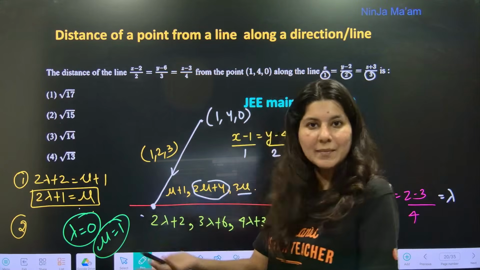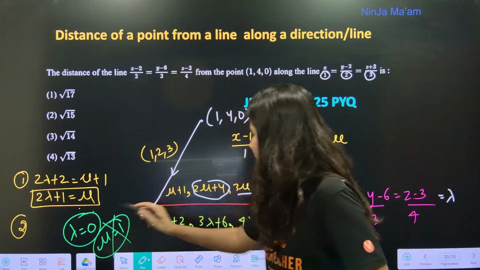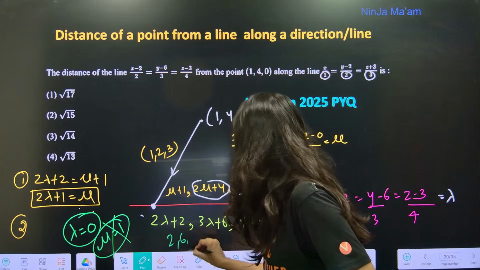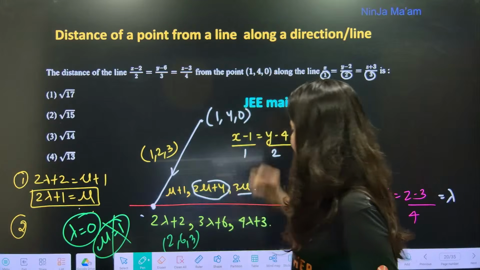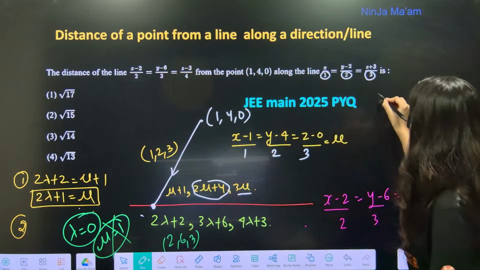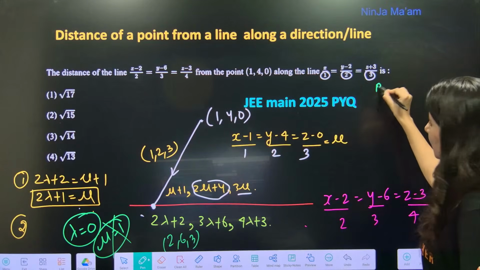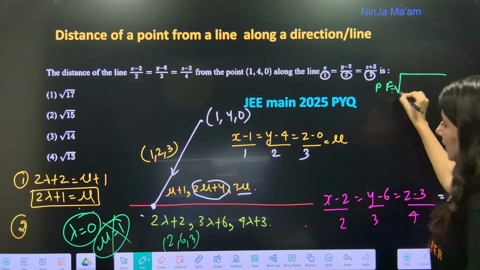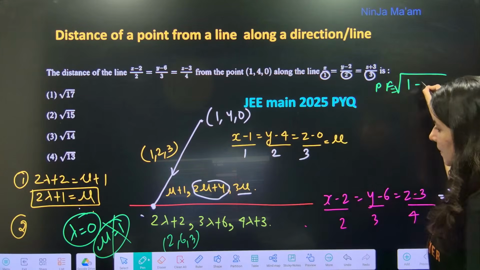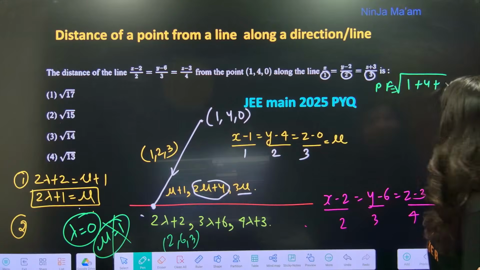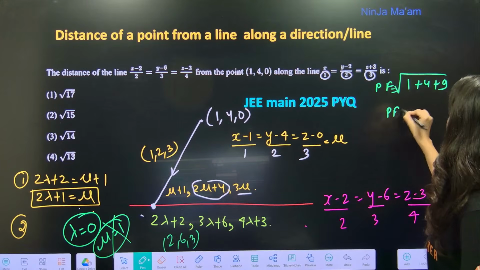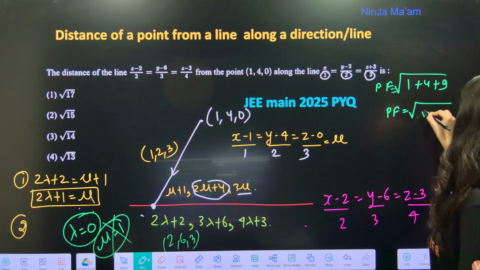So just lambda 0, no need to calculate mu. Put lambda 0. So 2, 6, 3 and 1, 4, 0. Just calculate the distance. So the distance PF will be 1 plus 4 plus 9. So PF will be root 14.